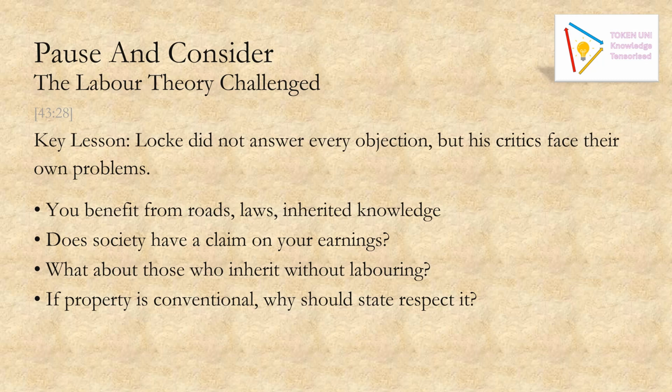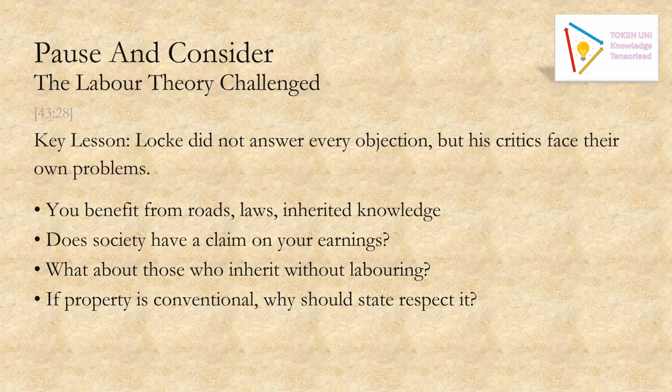Surely the farmer who clears and cultivates a field has a stronger claim to it than someone who merely desires it. But the argument has been challenged from multiple directions. Some say you benefit from roads, laws, education, inherited knowledge. Does this mean society, meaning the state, has a claim on your earnings?